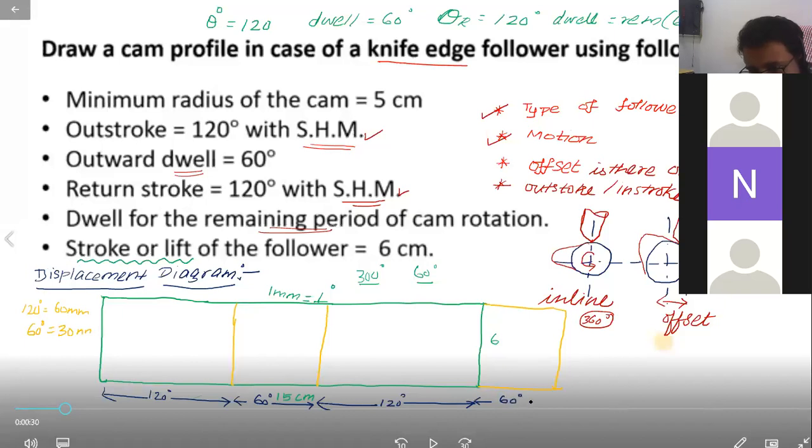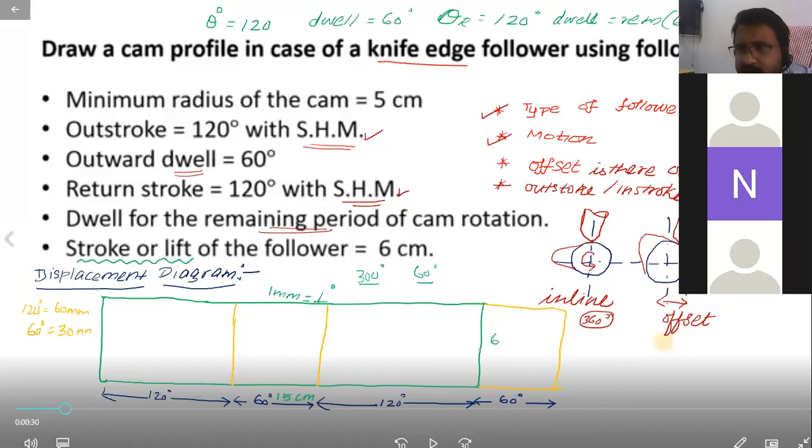Sir, if you divide the lift by the outstroke, you can plot the graph much more fluently. Is that the way it's supposed to be done? If you divide 6 centimeters by 120 degrees, what do you get?